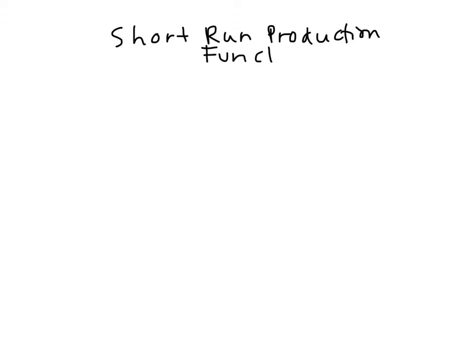So now we're going to develop a short-run production function. Now, what the short run part of this means is that there must be at least one input that is considered to be fixed in the short run. And we're going to make this the capital, plant and equipment and so forth.